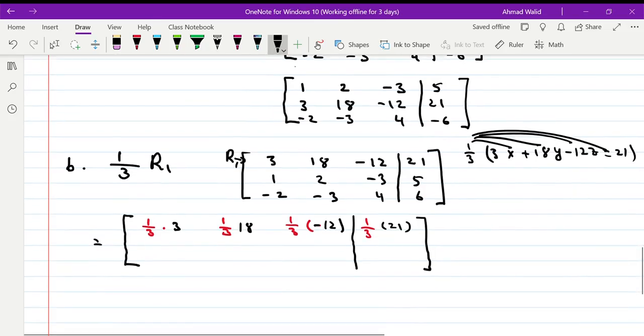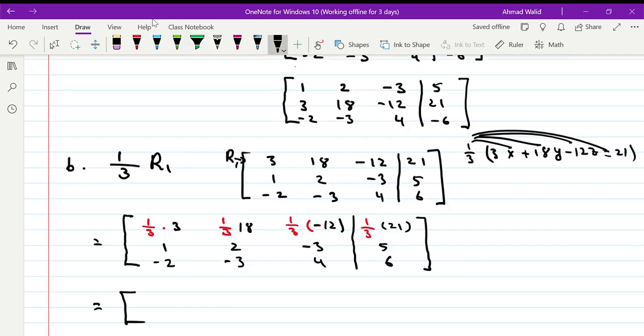Correct? Okay, to not go away from the topic, row 2 and row 3 are not changing. Just write them down: 1, 2, -3, 5, and row 3 is -2, -3, 4, and 6. Correct? Now multiply 1/3 to all of them. 1/3 of 3 means 1. 1/3 of 18 means 6. 1/3 of -12 means -4.